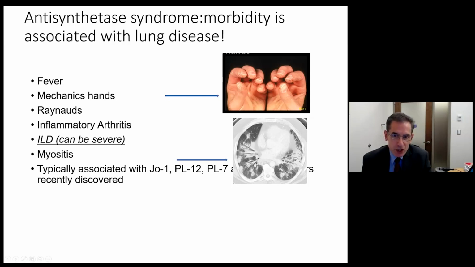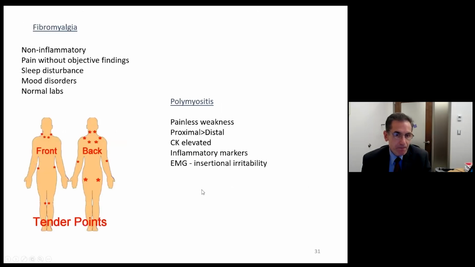So these patients get chapped fingers, known as mechanic's hands, and they may get other manifestations, which include fever, Raynaud's, arthritis, and they can sometimes get myositis, but they get severe interstitial lung disease, which can be the major driving factor in their morbidity. The typical antisynthetase antibody is Jo1, but there are a host of other antibodies which can be seen in this syndrome as well.